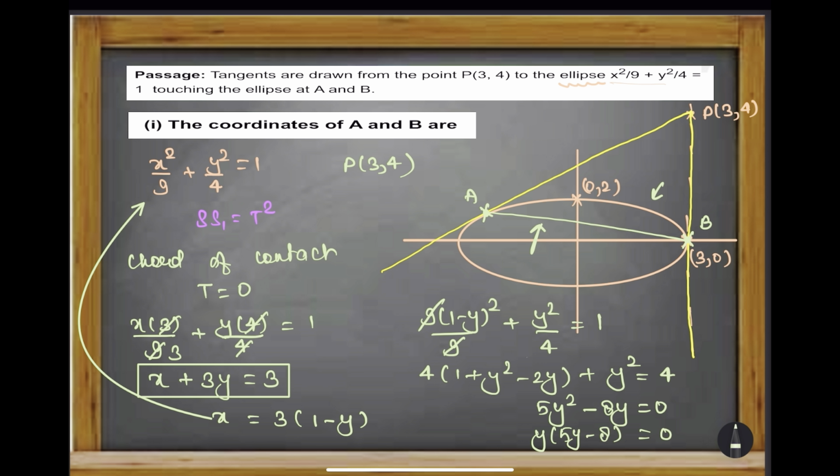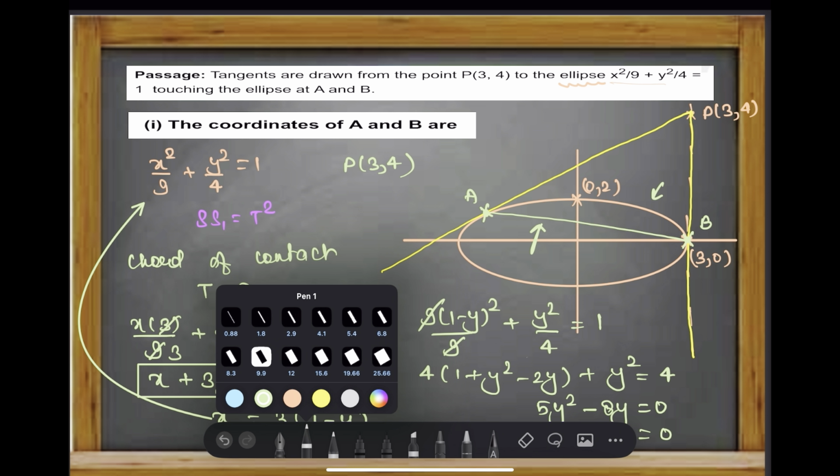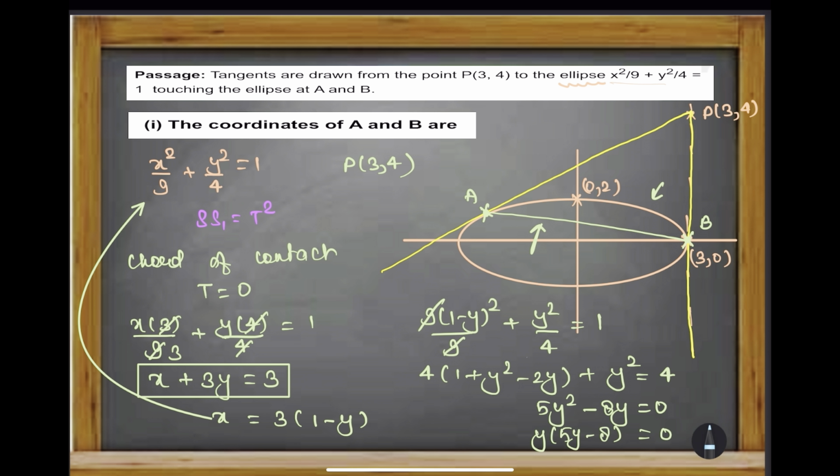Okay. So can I say that we got two values of y, and that is 0 and 8 by 5. I'll write down here. So y is 0, y is 8 by 5.